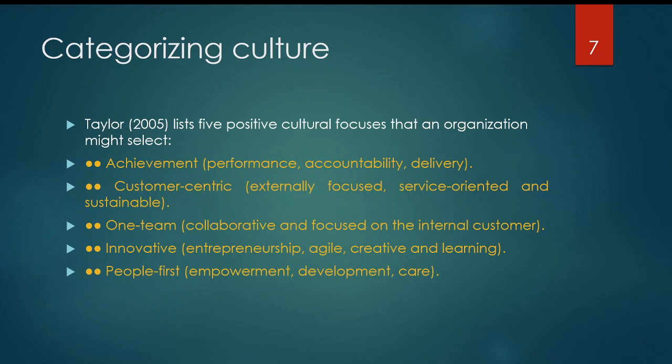Taylor, another scholar in 2005, lists 5 positive cultural focuses that an organization might select. So the organization can select their focus on the culture in either of these 5 focuses. First one is achievement.